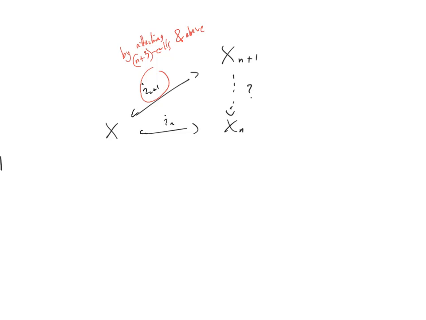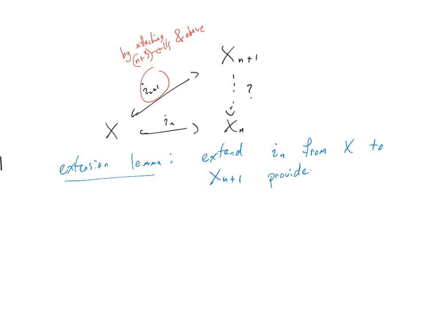And by the extension lemma, we can extend the map in from X to X n plus 1, provided that X n has no homotopy groups for all the cells in X n plus 1 minus X. So provided pi k of X n is 0 for all k such that X n plus 1 minus X has a k cell.